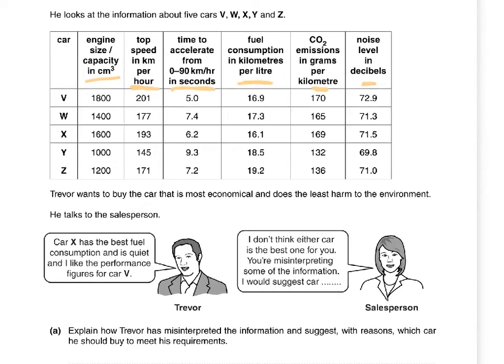Okay, so Trevor wants to buy the car that is the most economical and does the least harm to the environment. So he wants a car that has the best fuel consumption and the lowest impact on the environment. He talks to the salesperson.